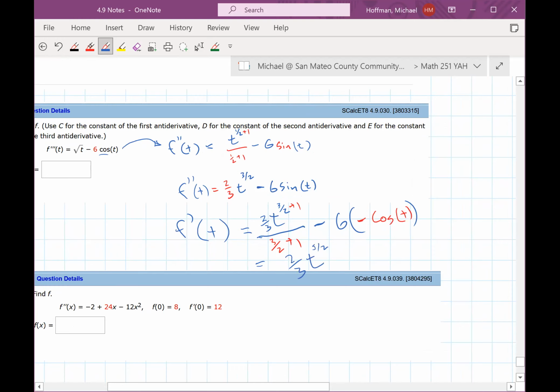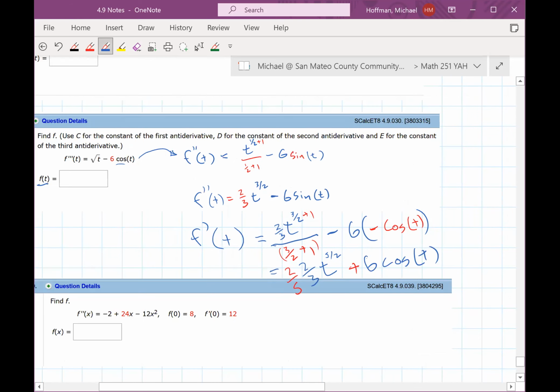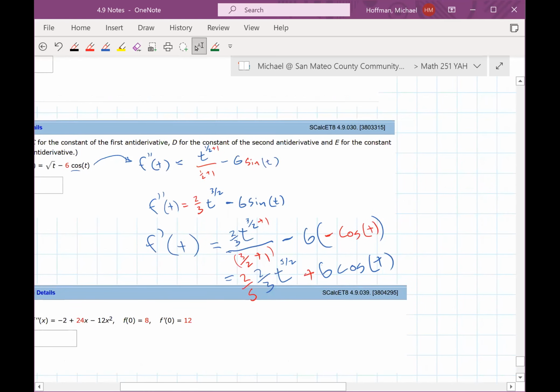And now in front, the reciprocal of that, 5/2, is going to be 2/5. And then this is going to become plus, because there's a minus times a minus, 6 cosine t. Now, one last thing I forgot: when I took that first antiderivative, there's a plus c, right?